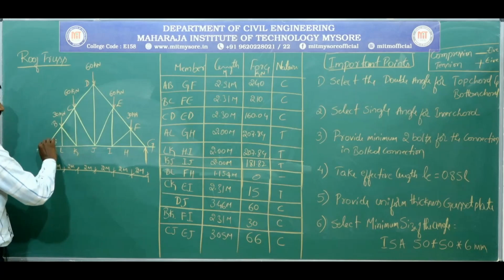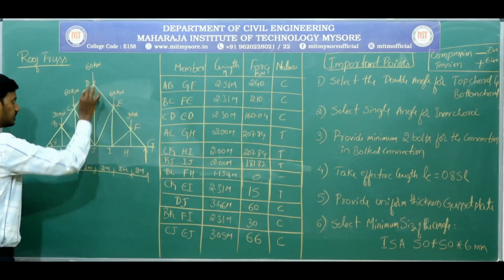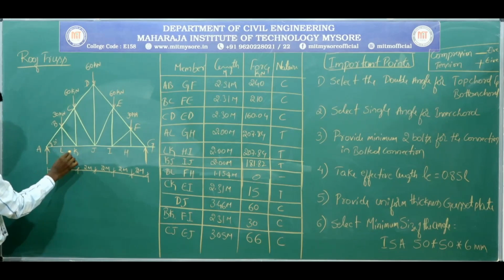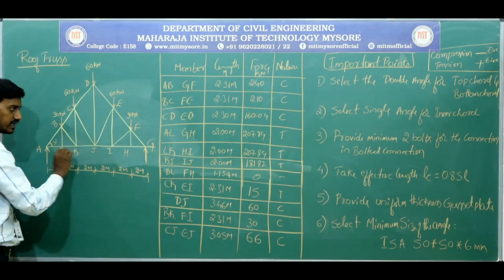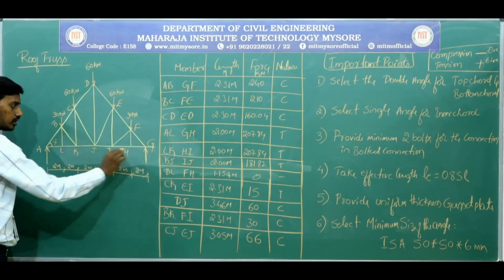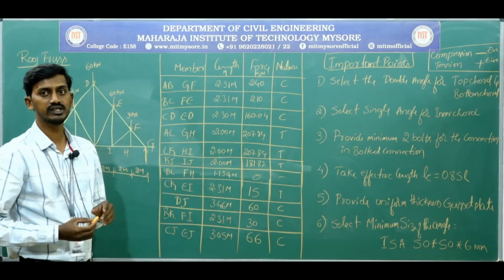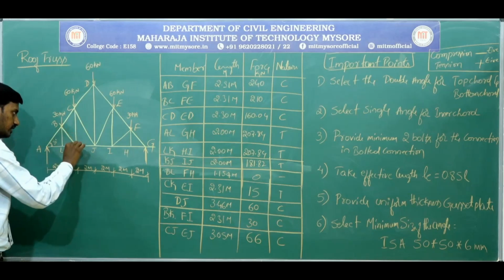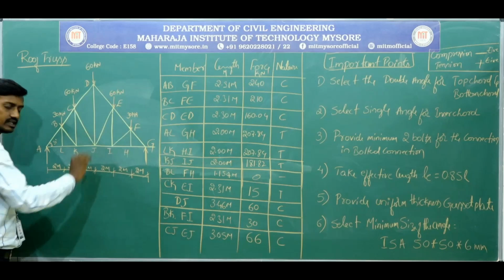See this one: A, B, C, D, E, F, G will be considered as top chord, and A, L, K, J, I, H, G will be considered as bottom chord. For the top chord and bottom chord you need to select a double angle section which is available in the steel table. And what I am showing now is considered as inner chord.